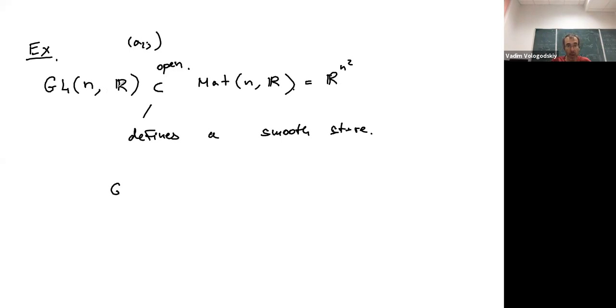The product map is given by polynomial functions in terms of these coordinates, so it's definitely smooth. For the inverse map, to check that it's smooth, you can use the adjoint formula to compute the inverse of a matrix a_ij.